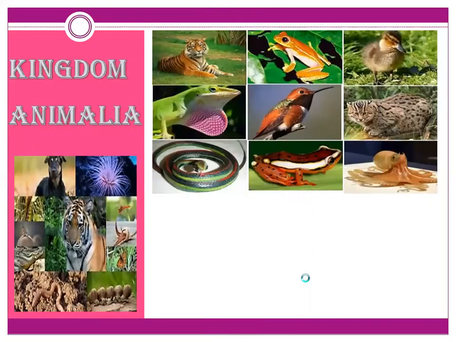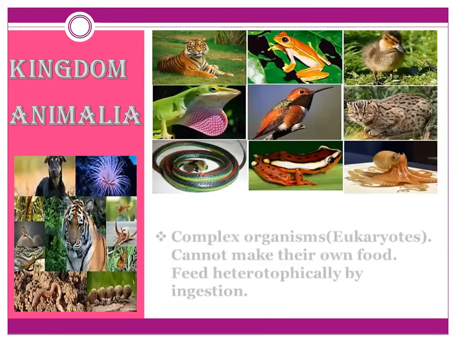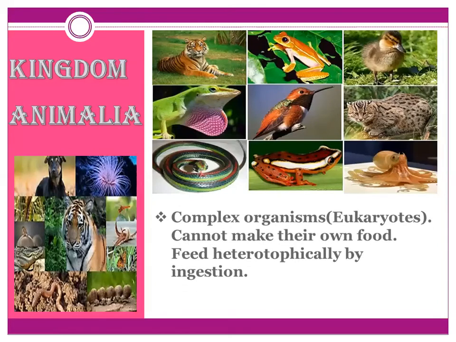And the last kingdom is kingdom Animalia, to which we belong. In kingdom Animalia, all the living organisms are multicellular, which means they are complex organisms, and they are eukaryotes. Eukaryotes means they have a nucleus inside their cell. They cannot make their own food, and they feed heterotrophically, which means they depend on other living organisms.